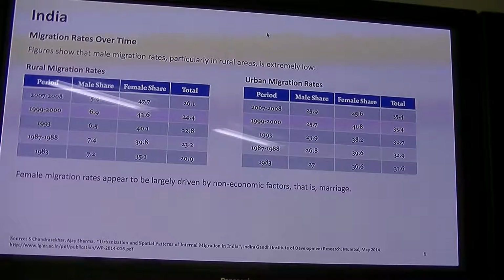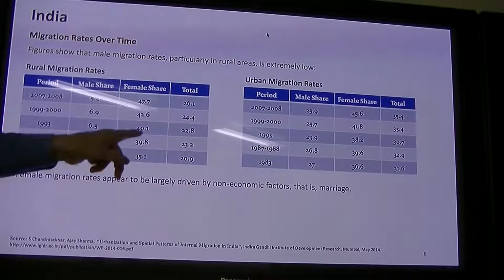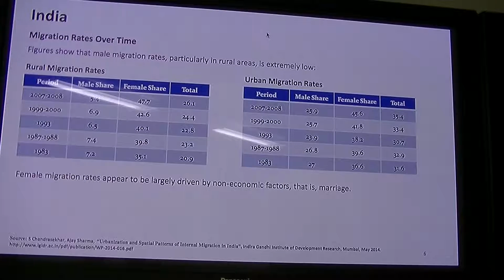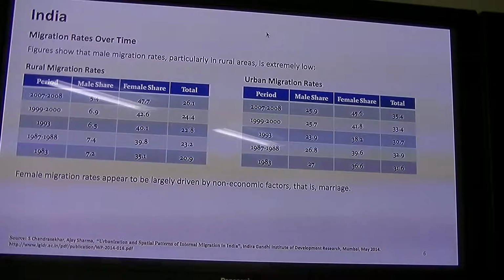So this migration, you have this 10 times. These women are being sent to another village, usually local, occasionally in another state, but it's basically for arranged marriages. They're very seldom moving for work.